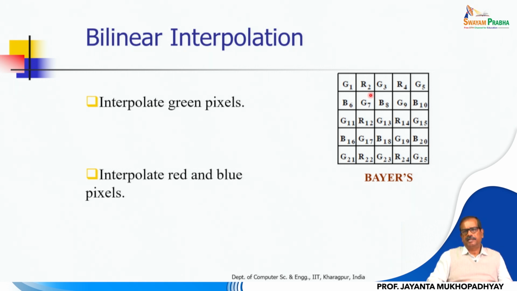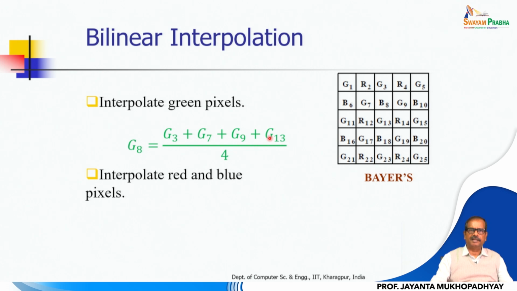So while interpolating, we consider a few cases like this. That means the points where green is missing. For every point where green is missing, we know there are 4 green neighbors, they are always available. So for bilinear interpolation, I will take simply the average of them. So we can interpolate the green pixels like this.